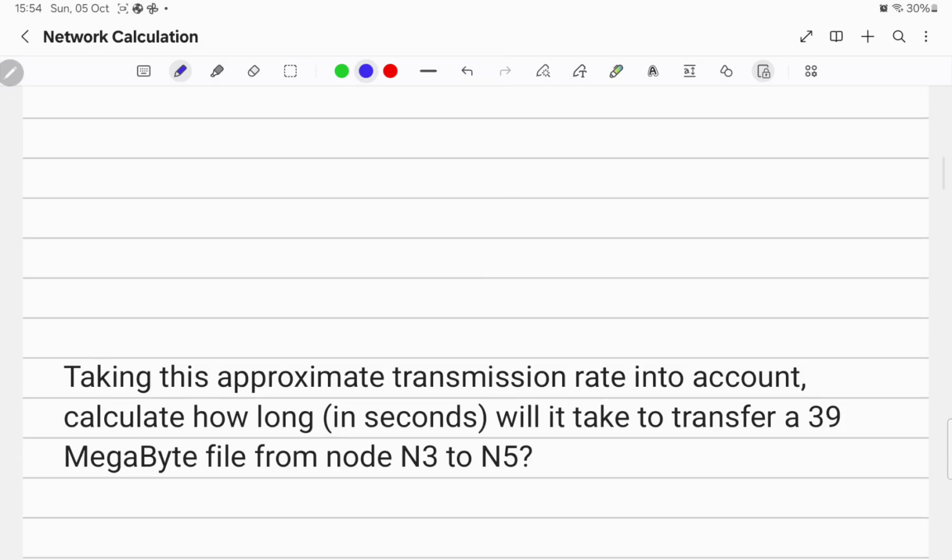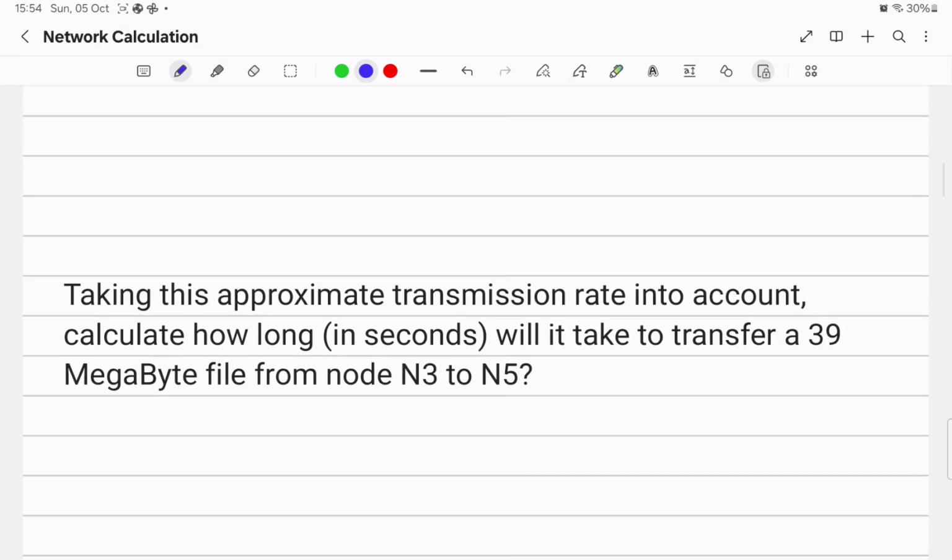Then the next question says, taking this approximate transmission rate into account, calculate how long in seconds will it take to transfer a 39 megabyte file. Pay attention to this: 39 megabyte. This is MB.